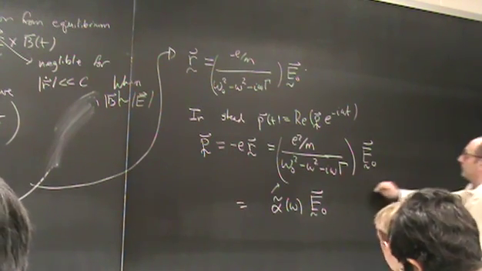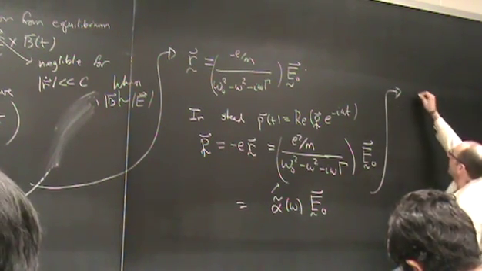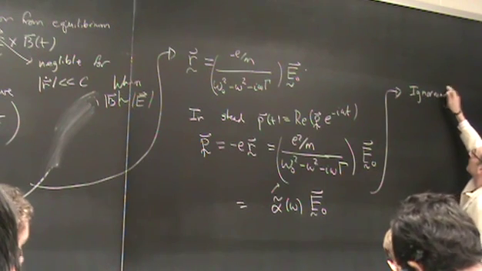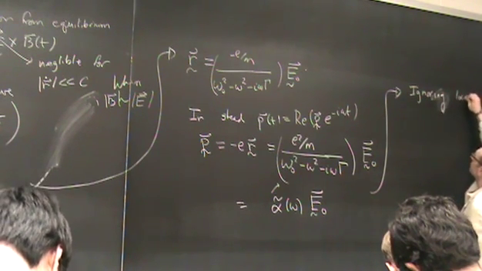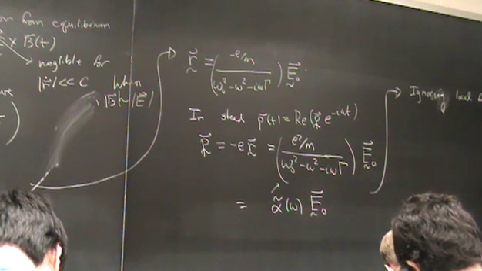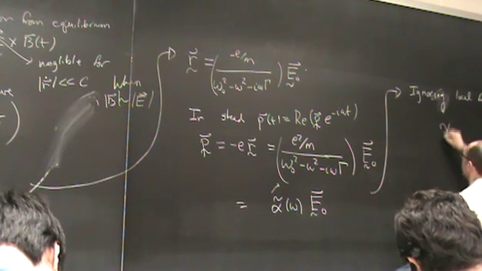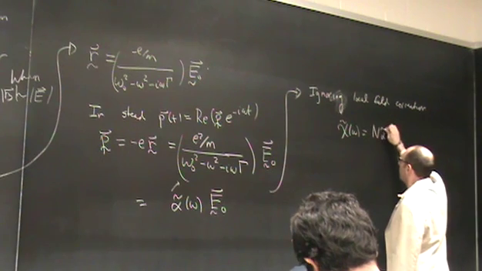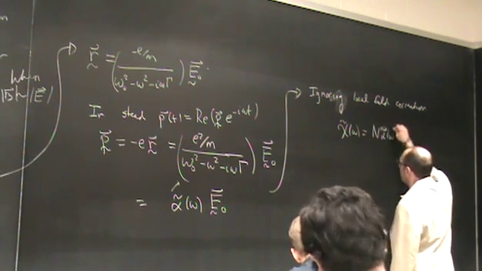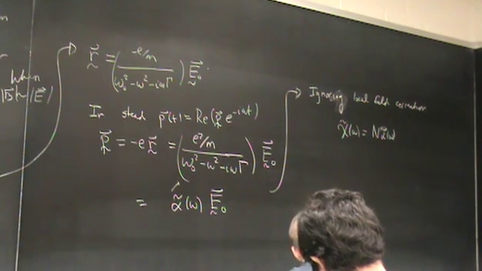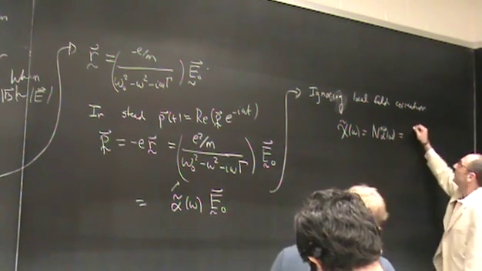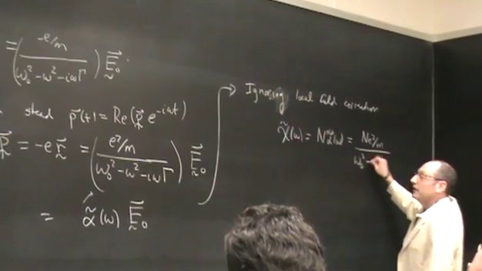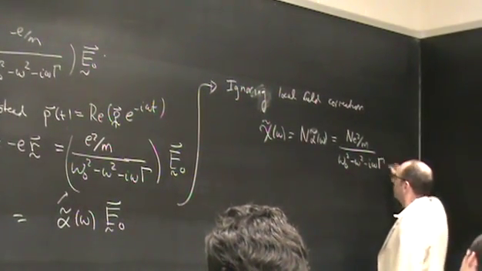And from this, ignoring local field effects, the susceptibility under the Lorentz oscillator model is then just equal to the number density of molecules, assumed uniform, or whatever the local density is, times the polarizability, e squared over m, over omega 0 squared minus omega squared minus i omega gamma.